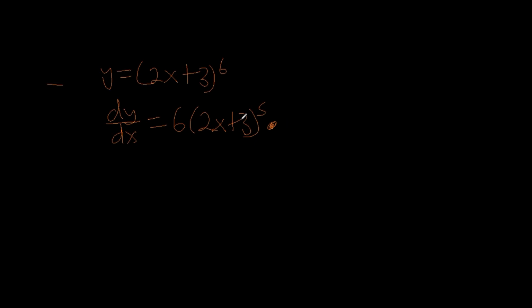This is a constant. When you differentiate this constant, it just disappears. It becomes 0. When you differentiate this 2x, you're going to get 2. So then you're going to multiply this by 2. And that's it. Simplifying this, you're going to get 12 multiplied by (2x + 3) to the power 5.